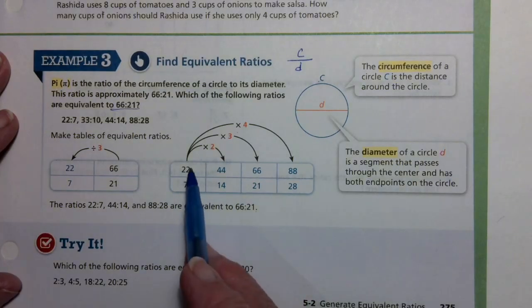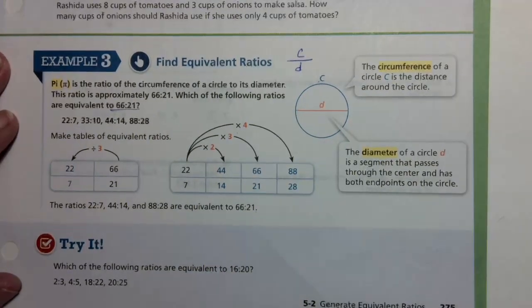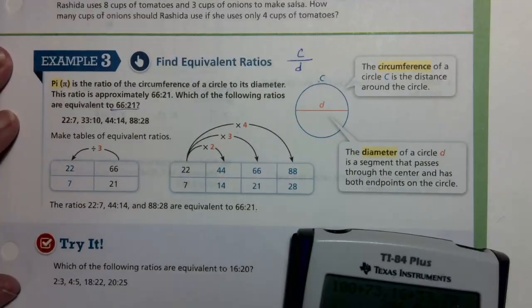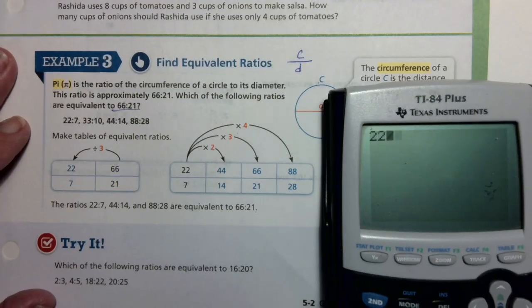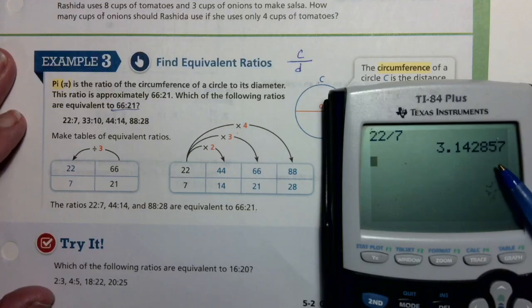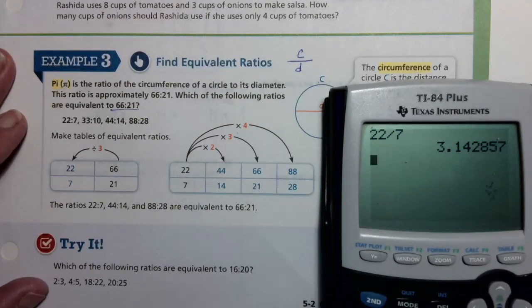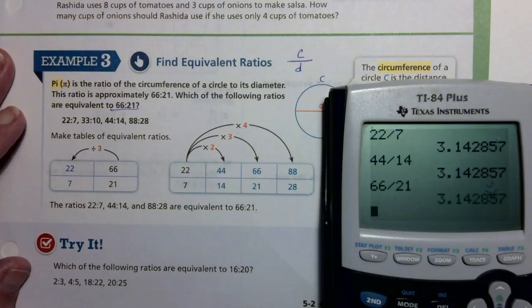If you took 22 and divided it by 7, you'd get some number. Let me show you that right quick. Let me get a calculator. Let's take 22 and divide it by 7. See what we get? 3.142875. Let's leave it on there where you can see it. 44 divided by 14, look what you get. 66 divided by 21, look what you get.